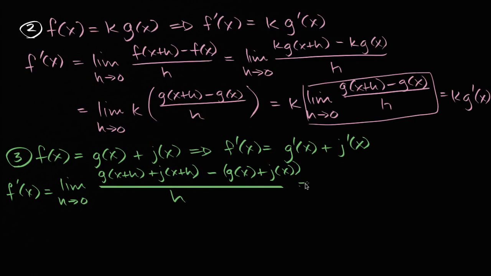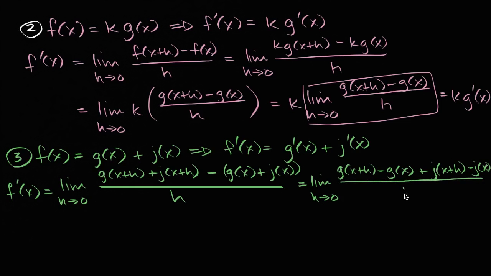This is equal to the limit as h approaches 0. Well, let's see. All the g of x terms, I'm going to put up front. So g of x plus h minus g of x, plus j of x plus h minus j of x. And then all of that over h, which is the same thing as this over h plus that over h.